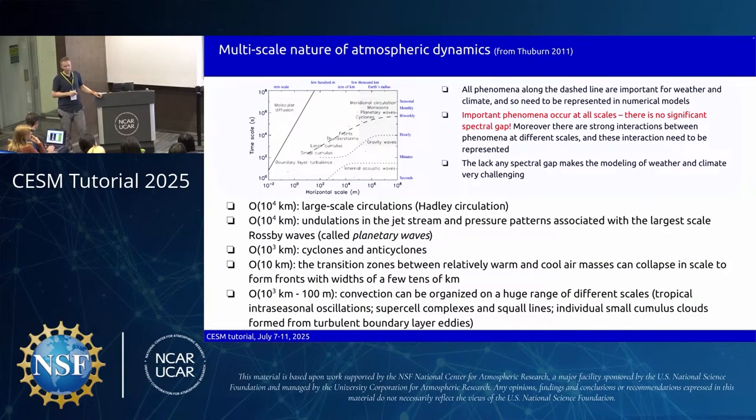So one thing that's important to note here, that you can also see from the image, is that phenomena in the atmosphere appear as a continuum. There's no spectral gap. There's no such thing as a cyclone is 1,000 kilometers across and that's it. It will never become smaller or larger than that. So that makes modeling really, really hard because we have that interaction.